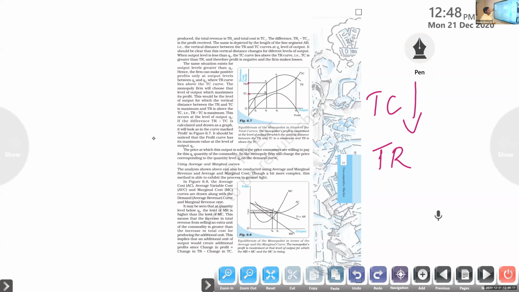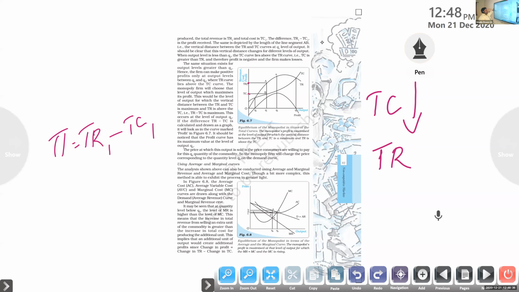The same is depicted by the length of the line segment AB. The difference between TR1 and TC1, the line segment AB, is the profit.